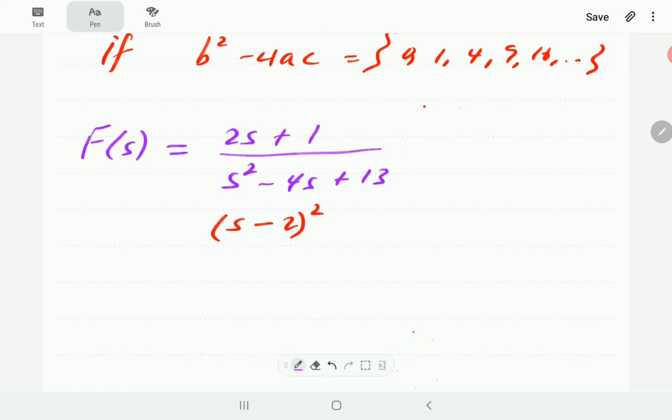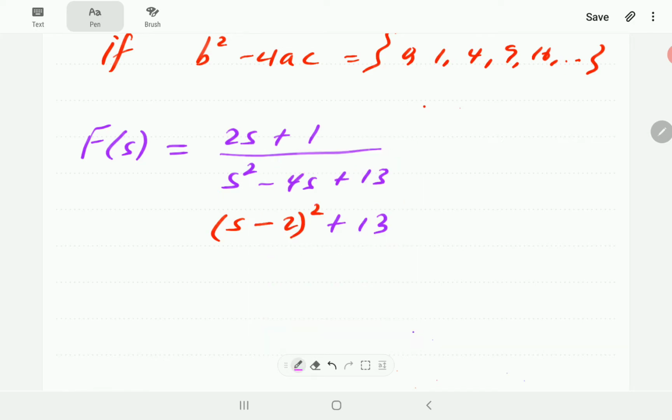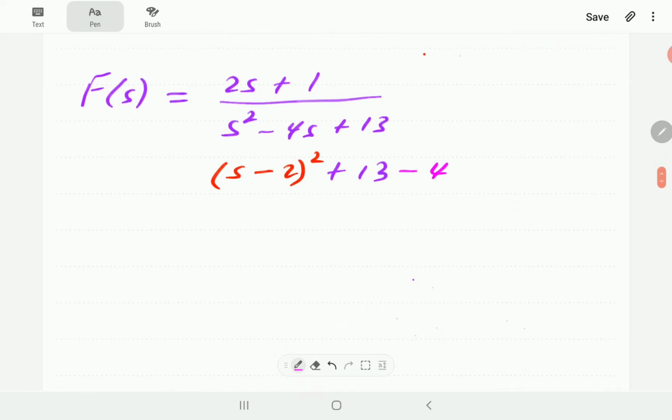Then I'm going to drop down this plus 13. The last bit is that we always subtract the square of this. In this case, 2 squared is 4, so we take away 4.